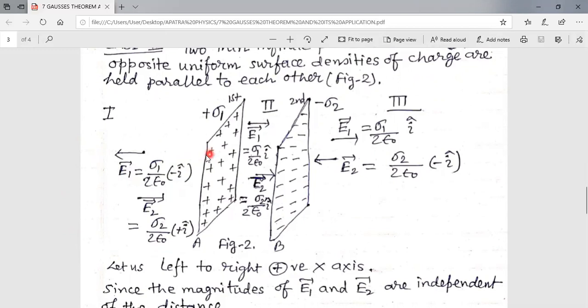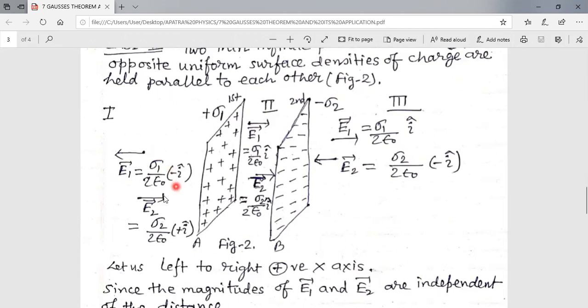E1, that is due to the positive charge sheet, is obviously away from this, that means toward the left. Here also we are taking left to right as the positive x-axis, and according to that we are using I cap. Otherwise, you can use j, z, or y axis as you like, or n cap. But if left to right is the positive x-axis, then it is very easy to understand why we are writing minus I cap and plus I cap.